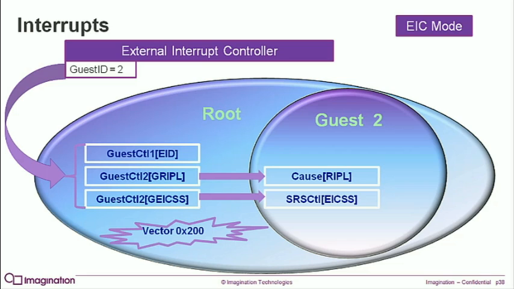When the hypervisor has done the swap, it will execute a return from exception, which causes the processor to enter guest execution mode. On guest entry, the processor copies the guest request interrupt priority to the guest context cause RIPL field and the guest EIC shadow set to the guest EICSS field. Once the root interrupt does an exception return, the guest will be interrupted.